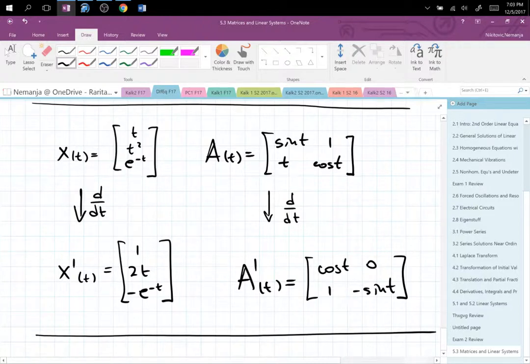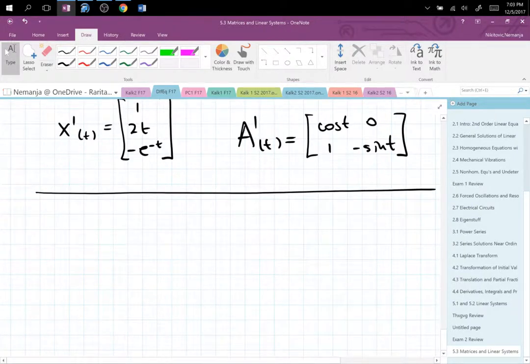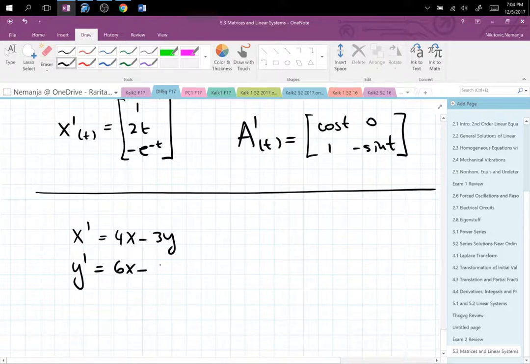So now, why is this cool? This is cool because our good old systems that we had can be transformed into matrices. So if you have your good old x prime is equal to 4x minus 3y, and y prime is equal to 6x minus 7y, you can just take the coefficients.